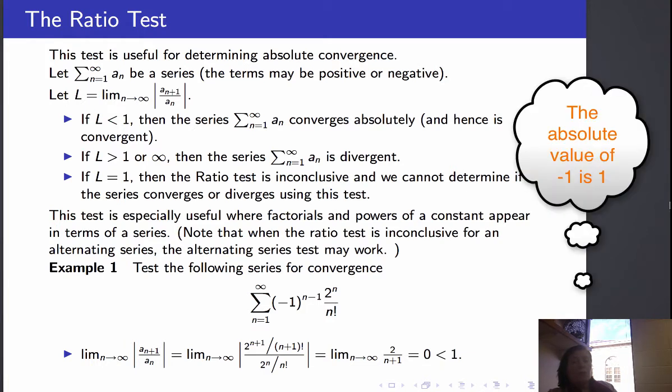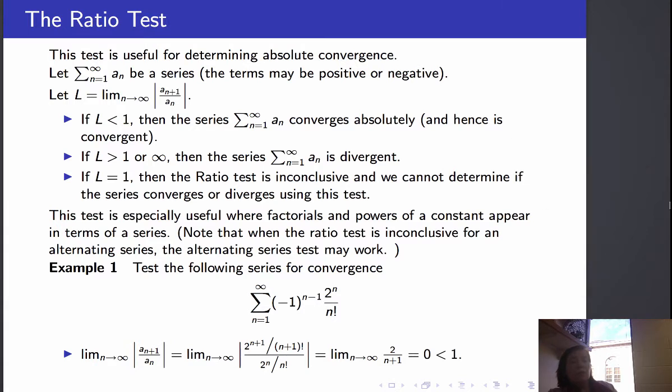And of course, the minus 1's disappear, and we're looking at the limit as n goes to infinity of 2^(n+1) over (n+1) factorial divided by 2^n over n factorial. And a large part of those factorials cancel, and a large number of the powers of 2 cancel. So we're looking at the limit as n goes to infinity of 2 over n+1.